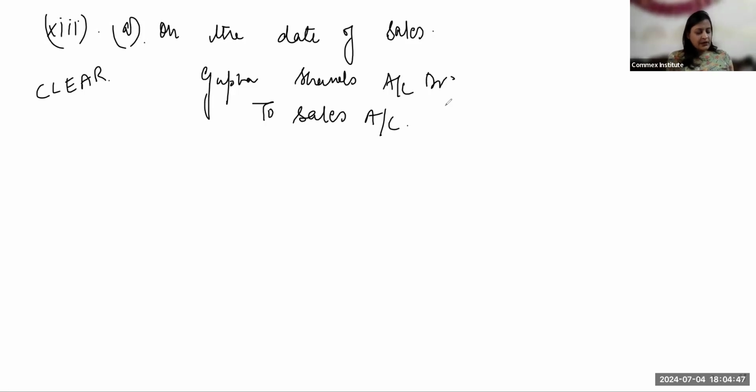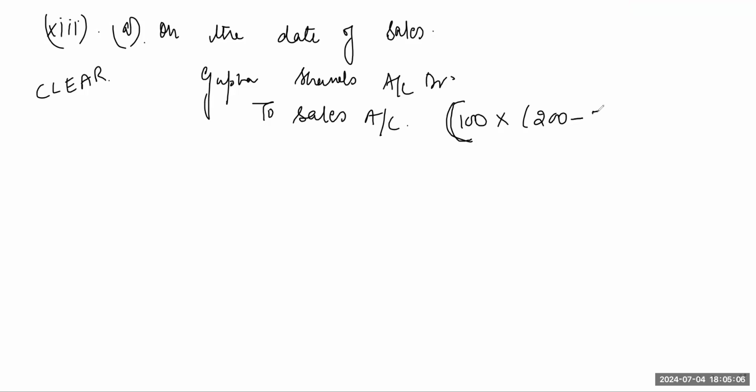And that is 100 shawls at the rate of 200 per shawl, but trade discount was 25%. So I can say 100 shawls multiplied by 200 minus 25% of that.